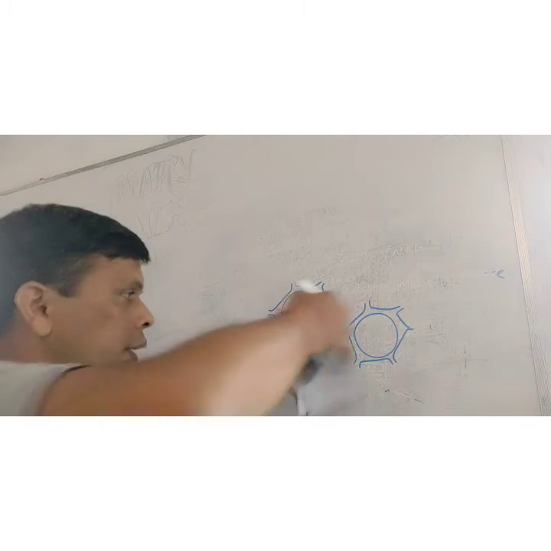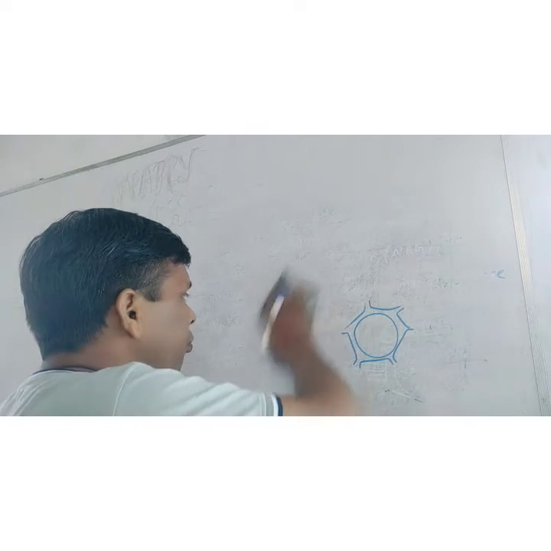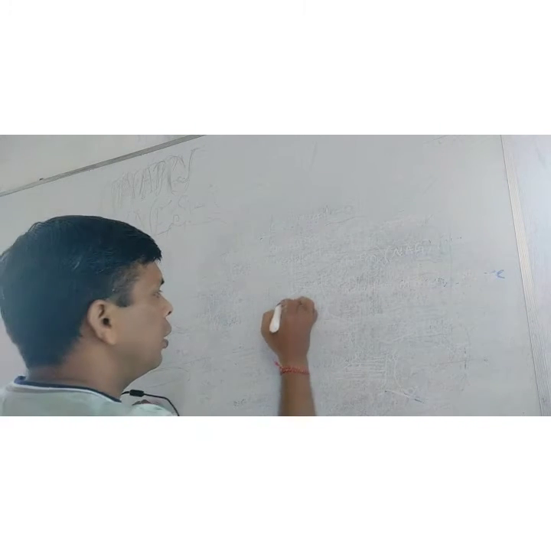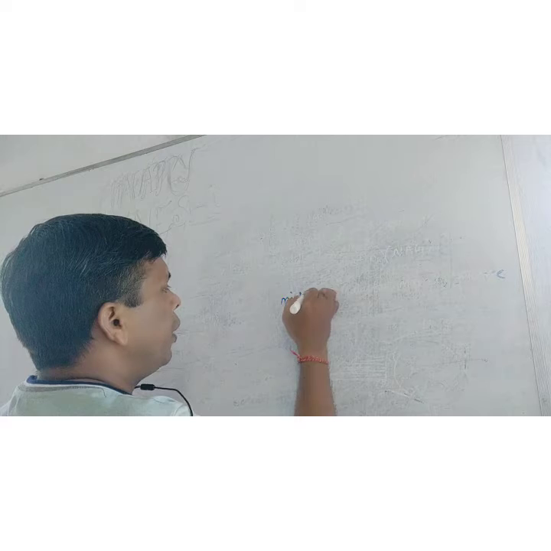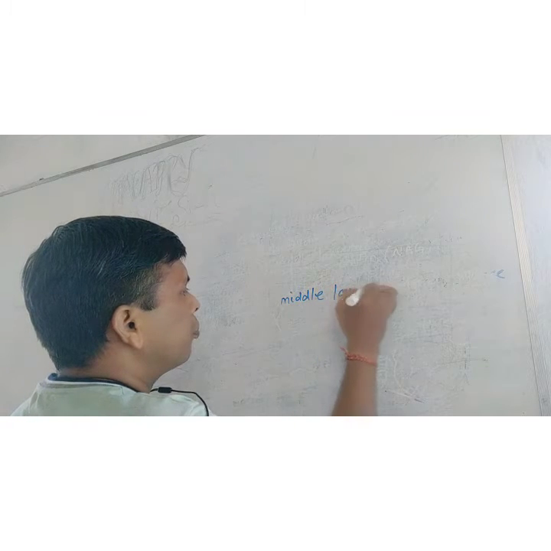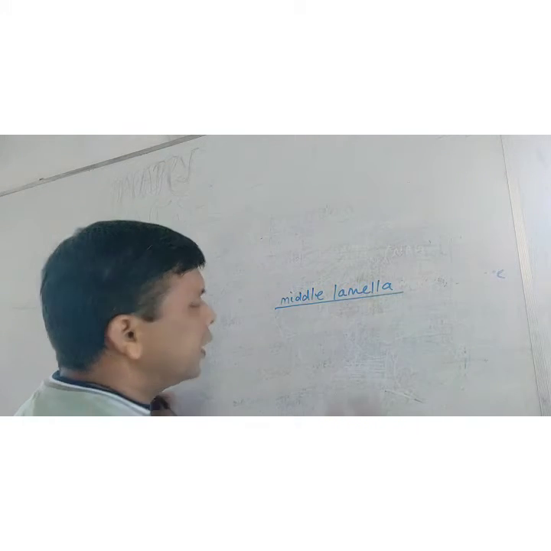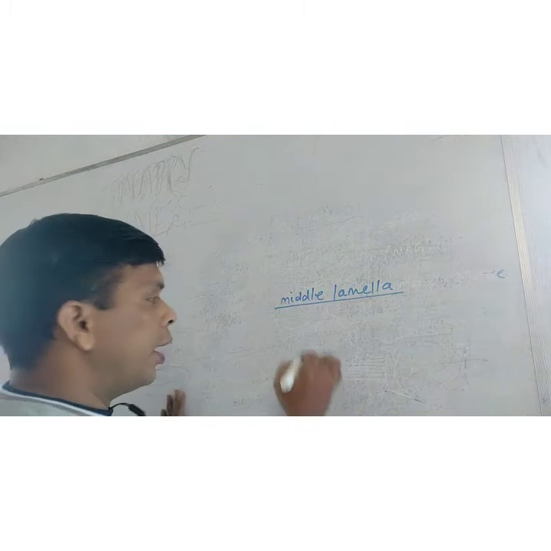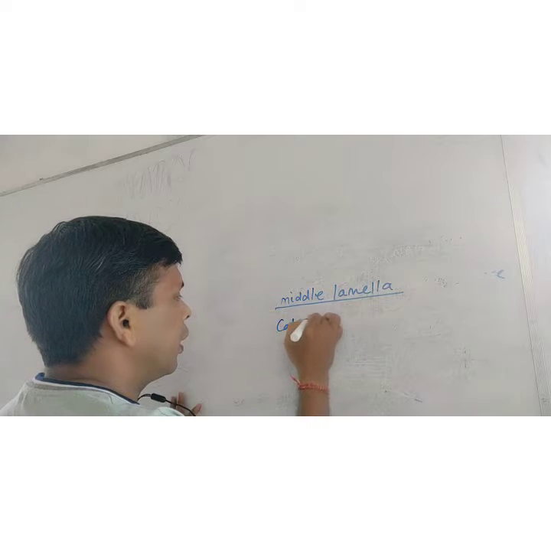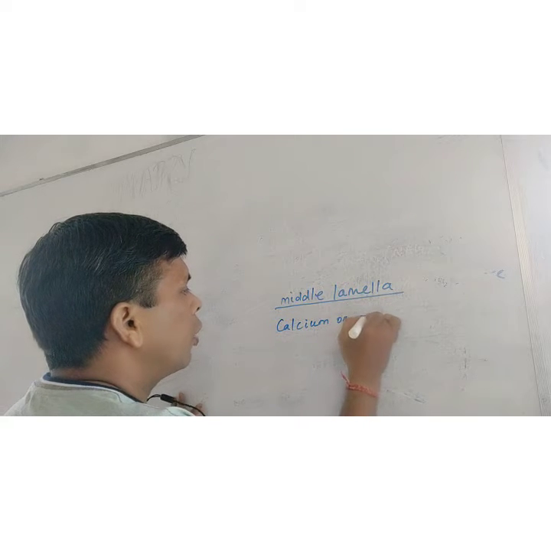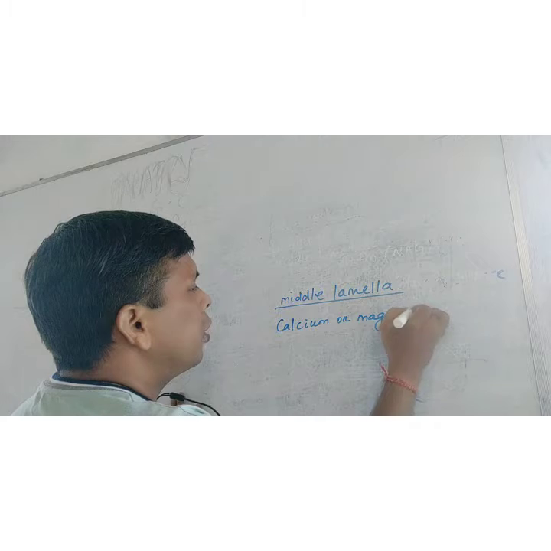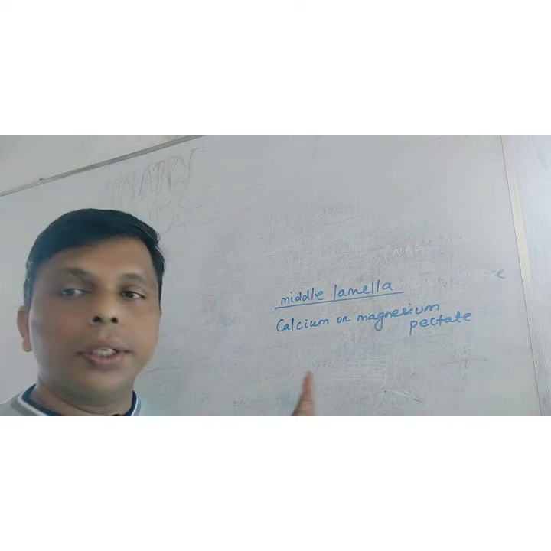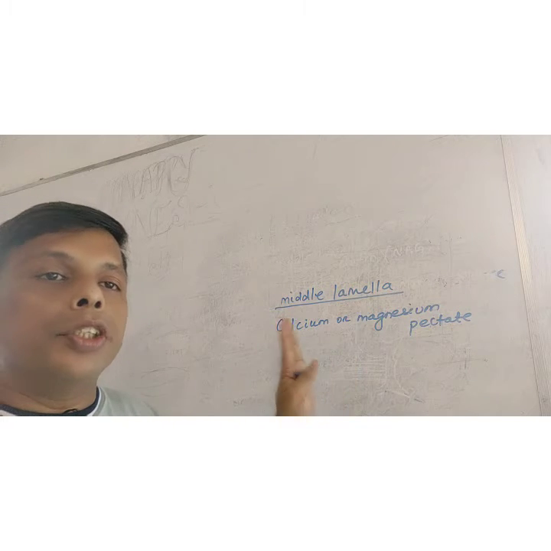So come to the first layer. The first layer of the cell wall is the middle lamella. This middle lamella is formed of calcium and magnesium pectate.